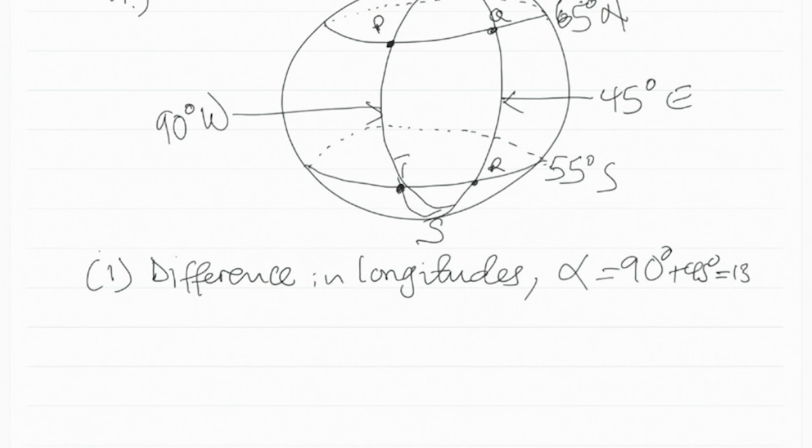Since they are on opposite sides, we add, and this is going to give us 135 degrees. Simply that. It's just a very simple concept that you don't need to crack your head on.